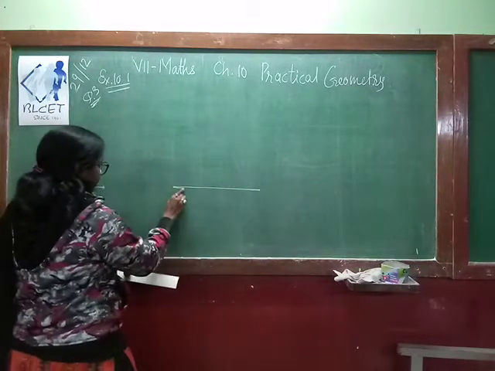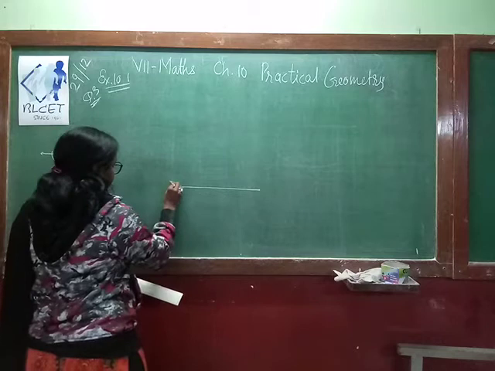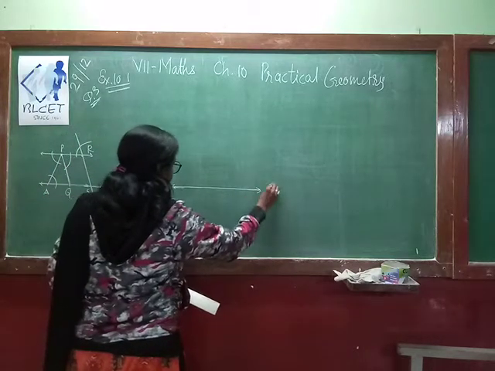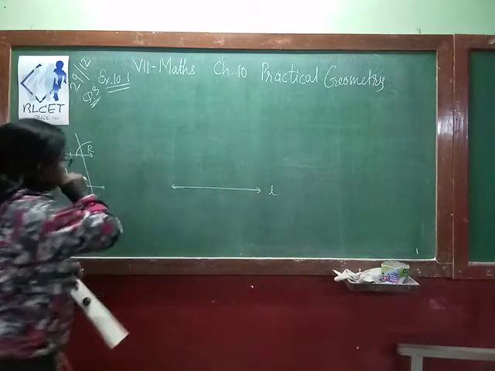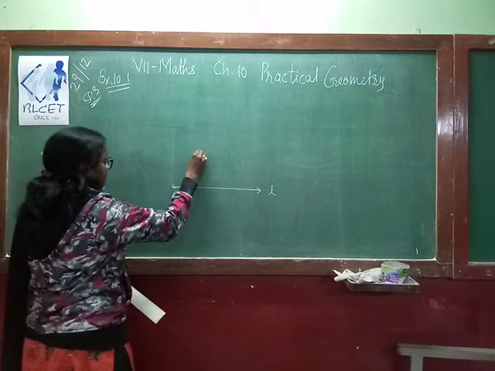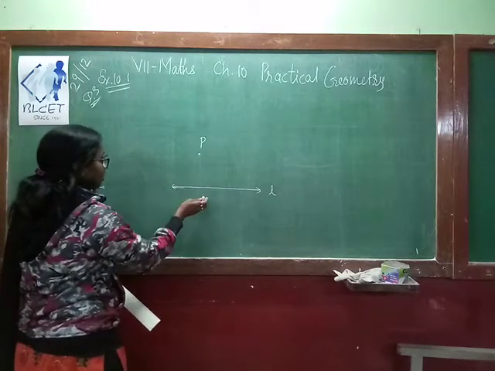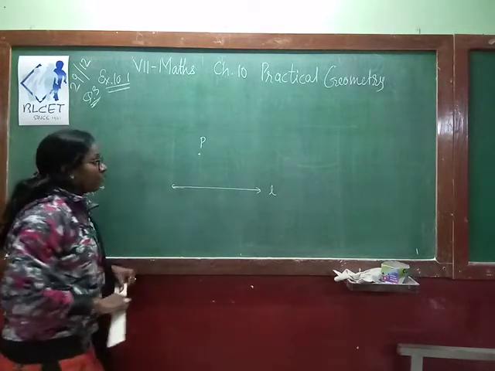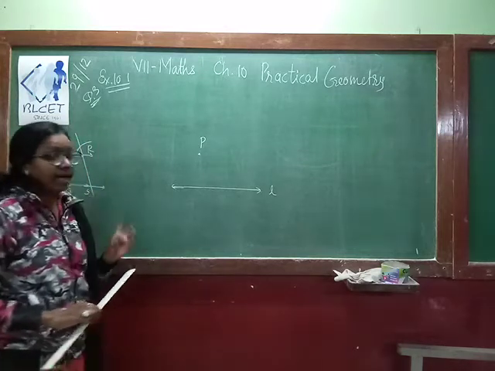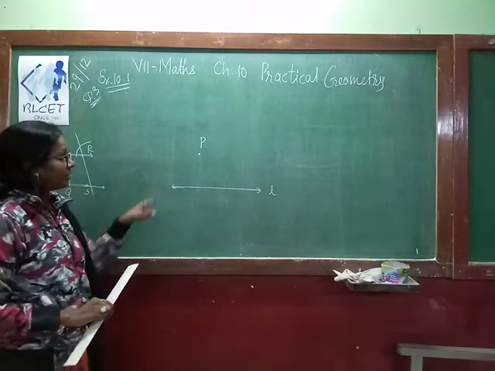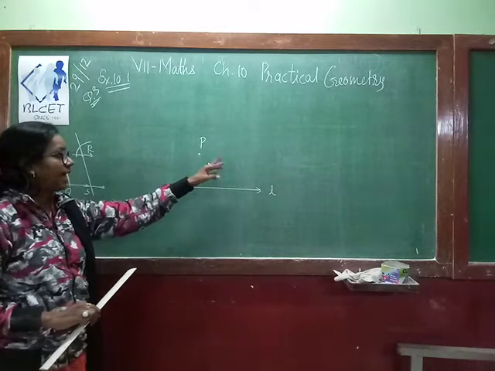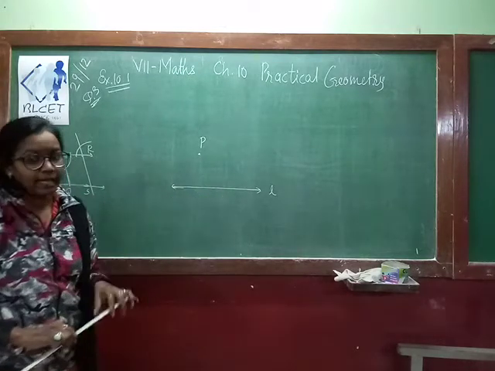So this is your line L and this is your point P which is not on L. Now what you have to do? You have to draw the parallel line which passes through this point P and it is parallel to L. How will you do this?